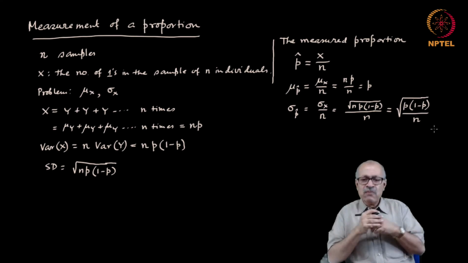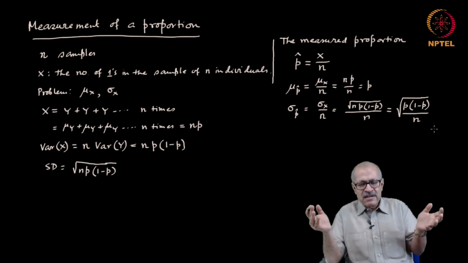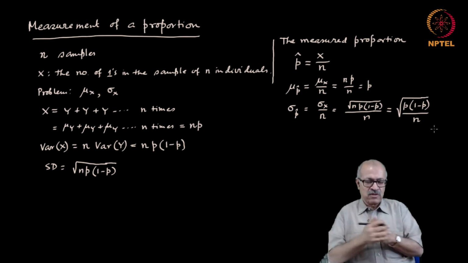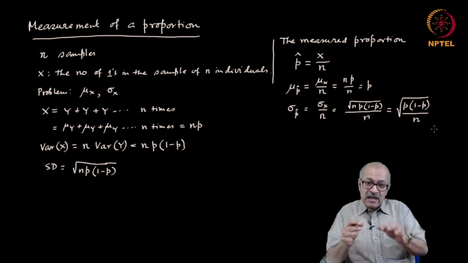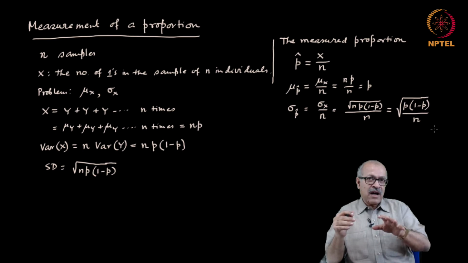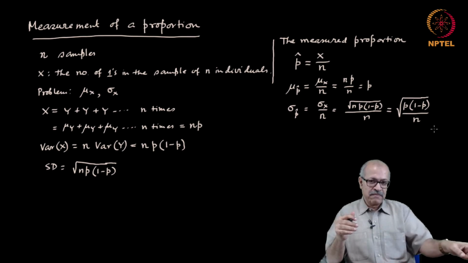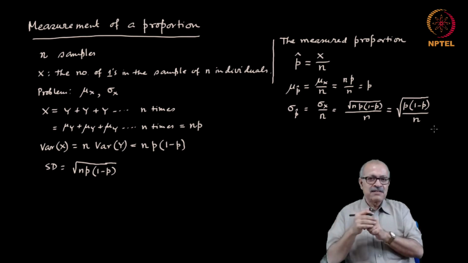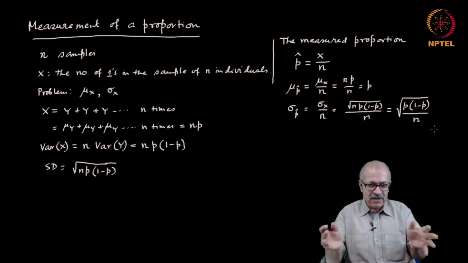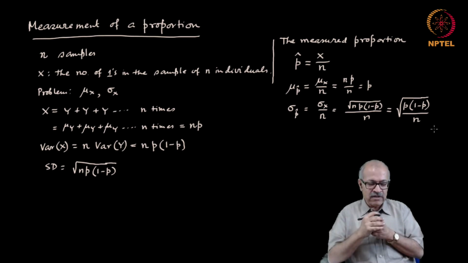Well, you might ask, what is the guarantee that this distribution will be a normal distribution? Earlier, our argument for going to a normal distribution was the central limit theorem. But here we cannot apply the central limit theorem because it is a different problem we are dealing with.